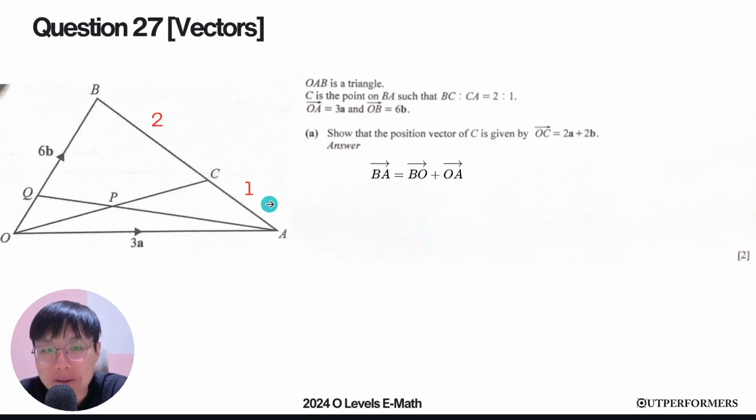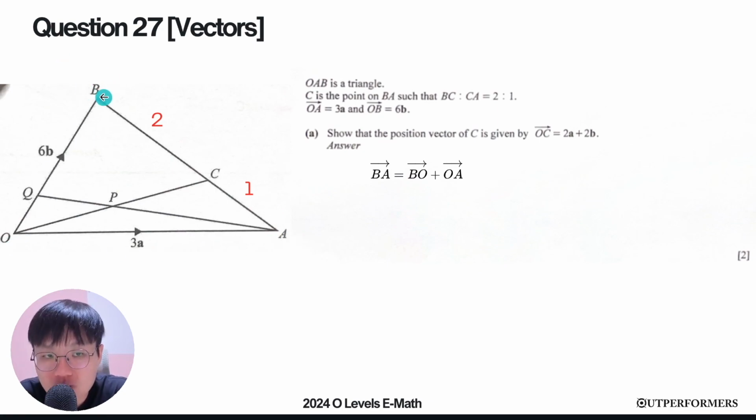And that's when we can see that in order for you to walk either this way or this way, you first need this vector. So BA comes into the picture, and BA is walking from here to here, and visually we can see that I can walk this way and this way, which is BO plus OA.